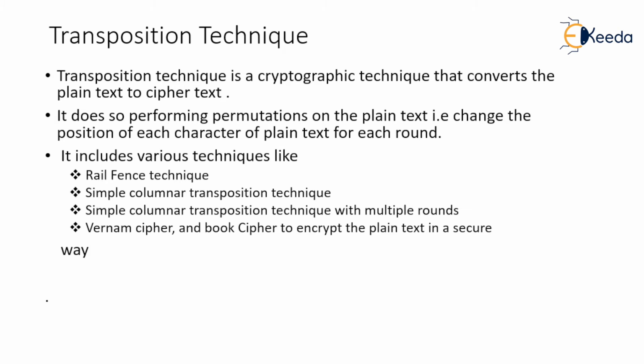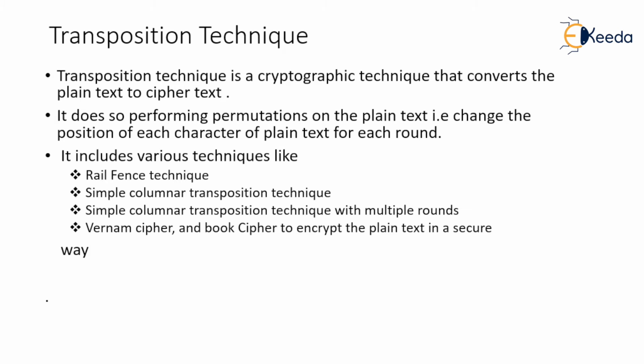The different types of transposition techniques which we have to study here are, first, the rail fence technique, simple columnar transposition technique, and simple columnar transposition technique with multiple rounds.